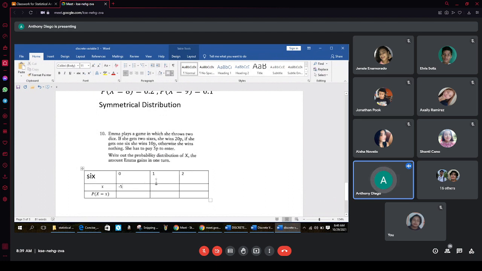In order for the person to gain, if he gets 1 six, then he gets 10 pence. So in other words, the person gains only 5 pence.